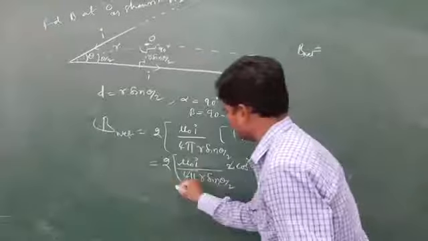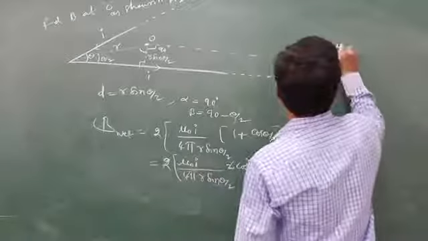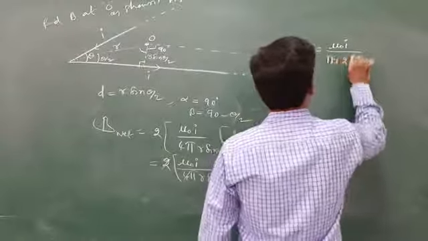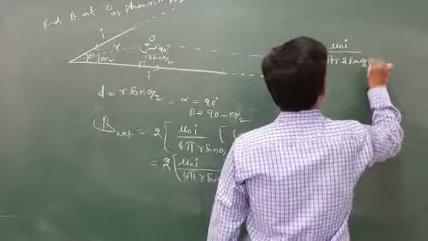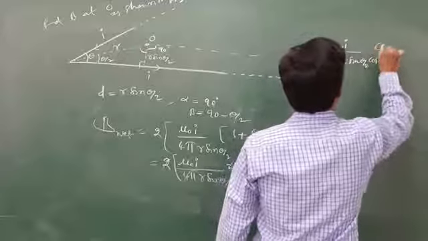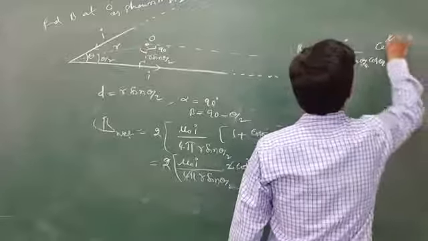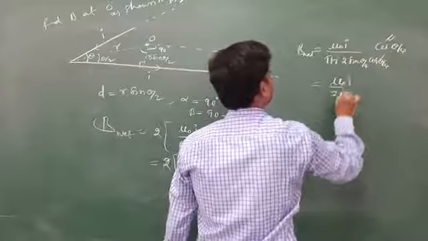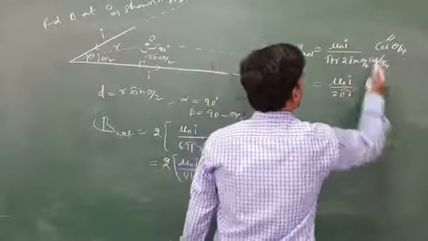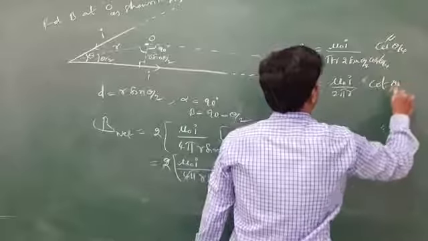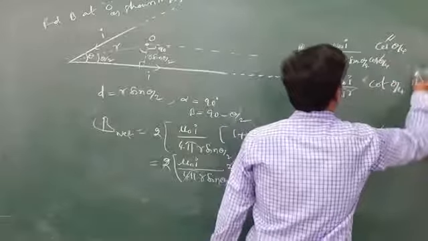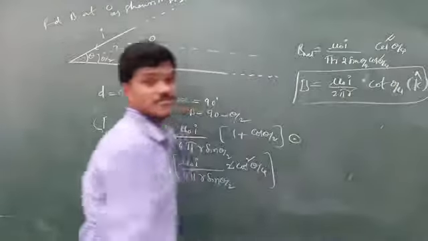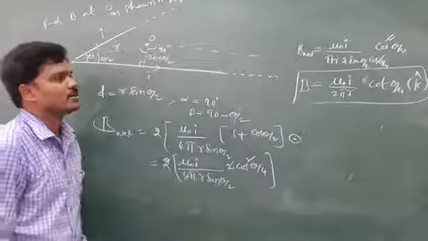Strike off all these things. So mu naught I by pi r, 2 sin theta by 4 cos theta by 4 over cos square theta by 4. One cos gets cancelled. Mu naught I by 2 pi r cot theta by 4, out of the board, nothing but plus k. So this is the answer for this question: mu naught I by 2 pi r cot theta by 4 k.